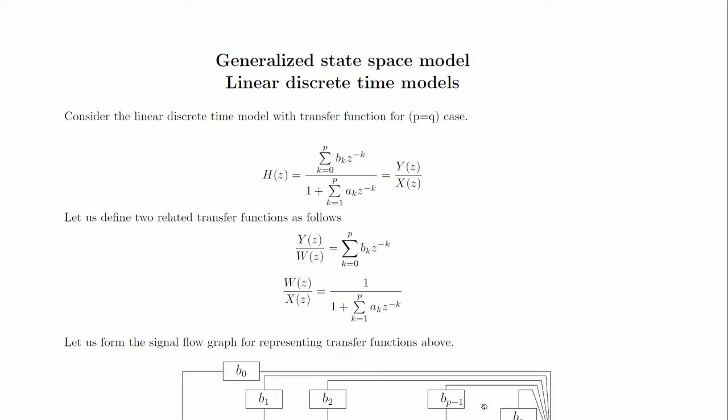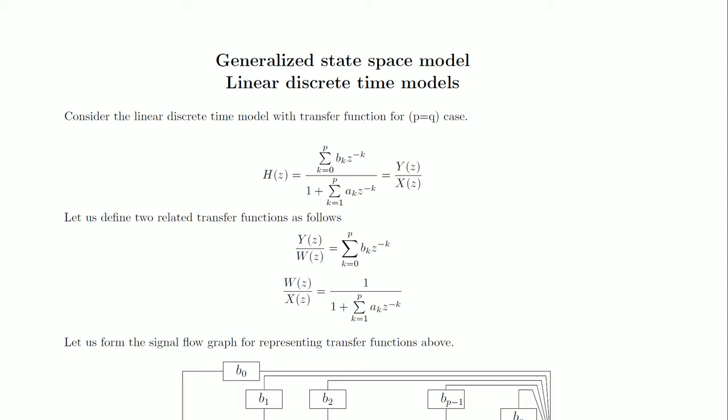So, let the transfer function H of z be given by Y of z by X of z, and this is basically the numerator polynomial which is given by sigma k equals 0 to p b suffix k z power minus k divided by the denominator polynomial, which is 1 plus sigma k equals 1 to p a k z power minus k, right.